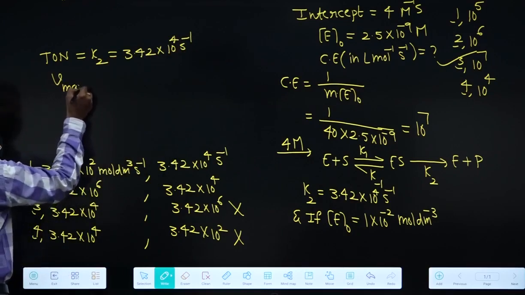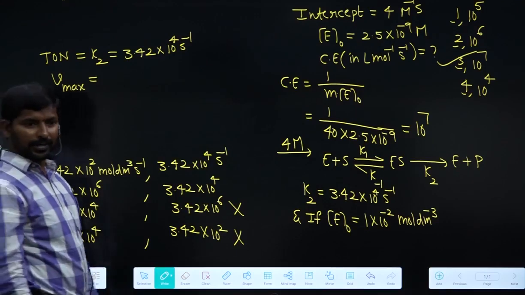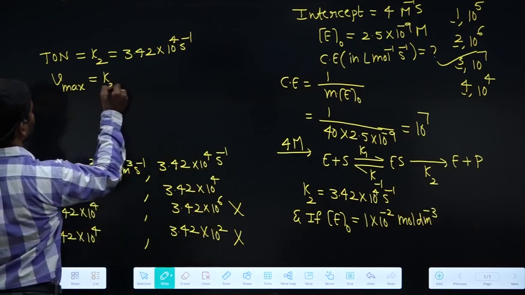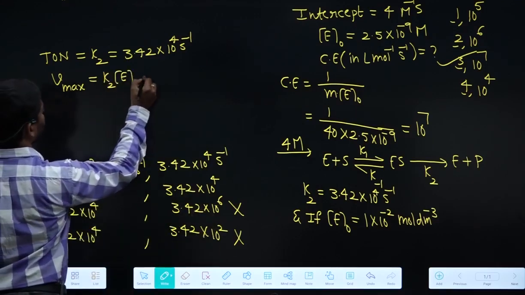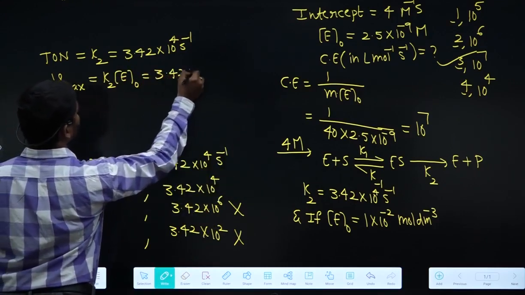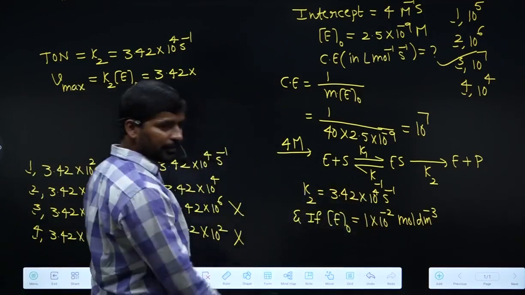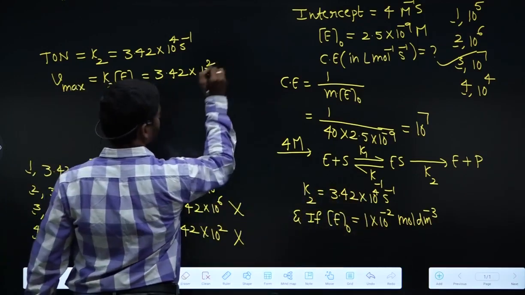Vmax. What is the expression for Vmax? Vmax is nothing but K2 into E0. So if you multiply those two, what do we get? 3.42 into 10 power 4 into 10 power minus 2, so 10 power plus 2.